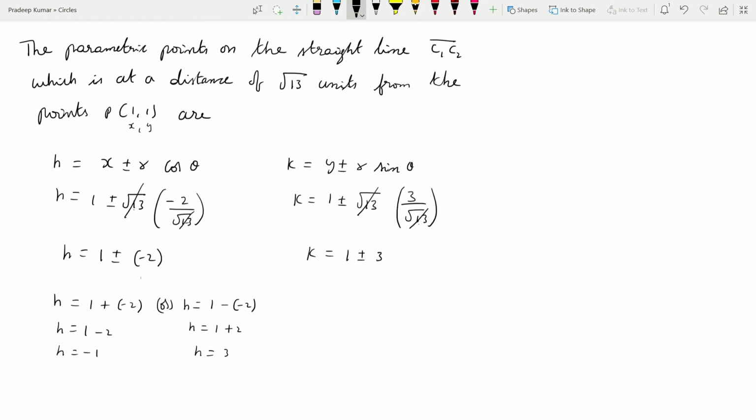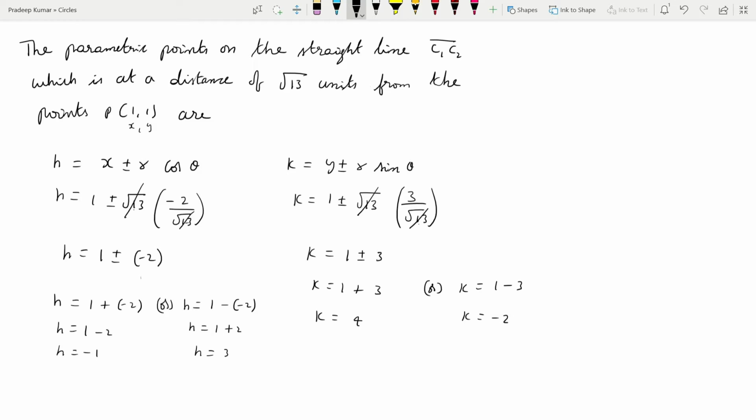So we got two h values here. Even k will be getting two values, so I can write this as k equal to 1 plus 3, or k equal to 1 minus 3. So k equal to 1 plus 3, which is 4. Here k equal to 1 minus 3, which is minus 2.